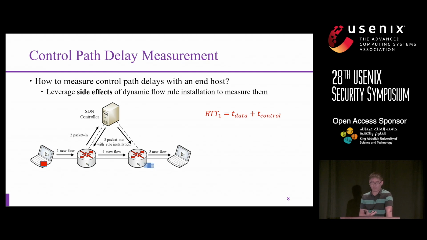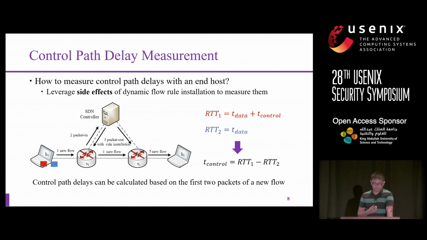However, the round trip time of the second packet will only contain data path delay because the rules have already been installed in the two switches. So an attacker can measure the control path delays based on the first two packets of a new flow.